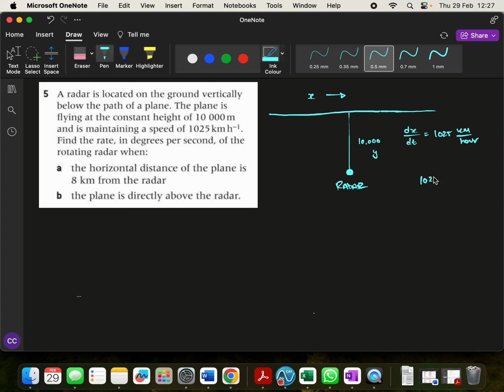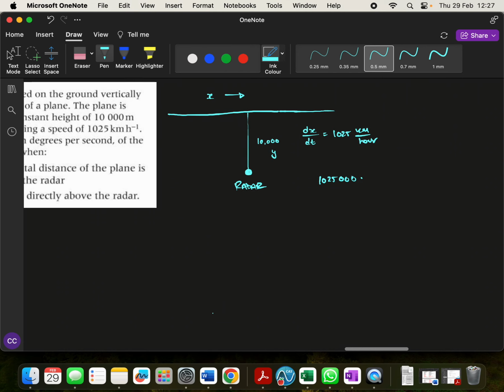So that'd be 1025,000 times, and to get out of hours, I need to multiply by 1 over 60, that gets me to minutes, and then 1 over 60 gets me to seconds. Sorry, we are going to get this right, don't you worry.